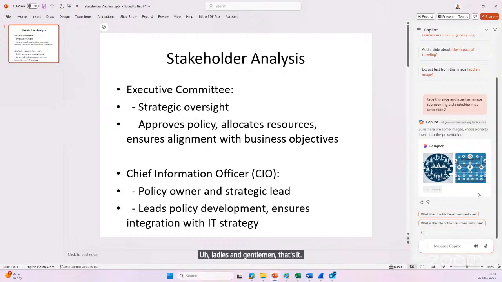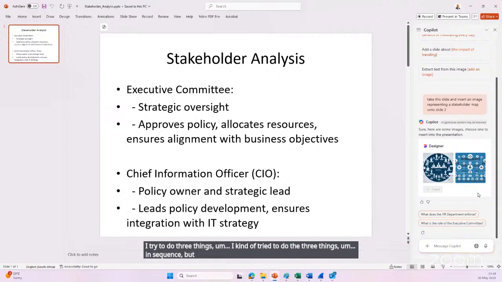That's all we have time for. I tried to do 3 things, in sequence, but there was some overflow. The first thing I tried to do was just generally talk about AI and the AI technologies that are out there and how they relate to each other.